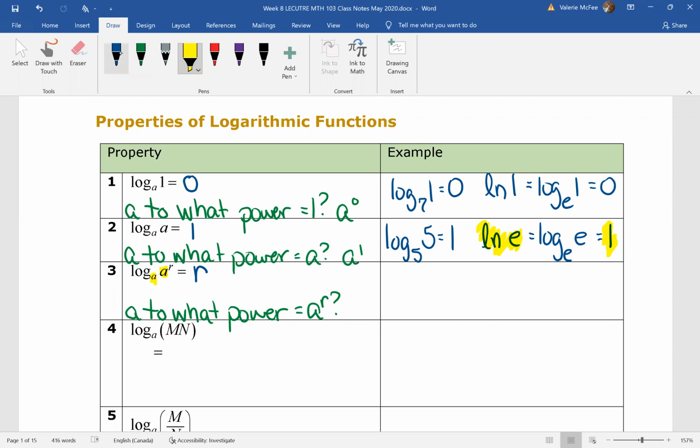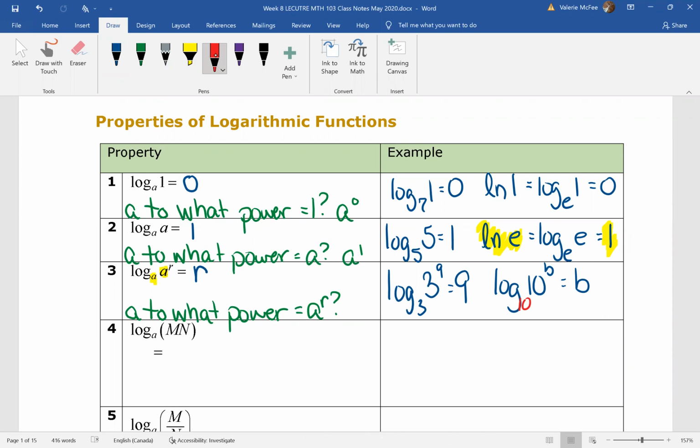So again, some examples. Log base 3 of 3 to the power of 9 will equal 9. The common log of 10 to the power of b equals b. Remember that when we have a common log, the base is 10. So the base of our log is the same as the base in the argument.